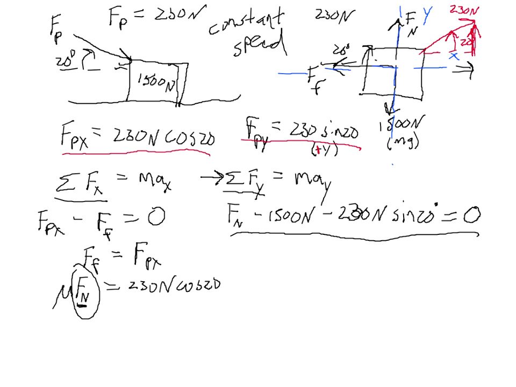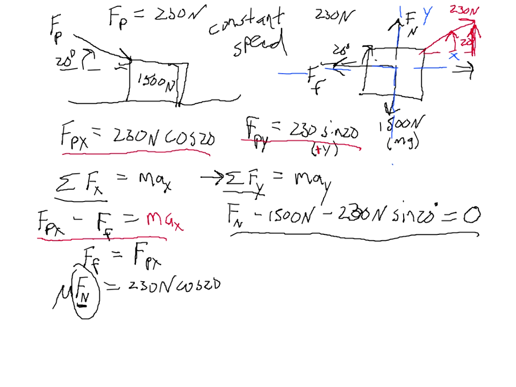The other thing that changes is now that we're pulling instead of pushing, there's not going to be as much frictional force, so the crate will start accelerating. So when you apply Newton's second law in the x direction, you won't have an acceleration of 0 anymore. So let's get rid of that 0 and replace it with the mass of the crate times the acceleration of the crate in the x direction.